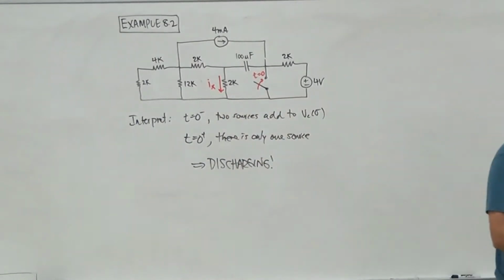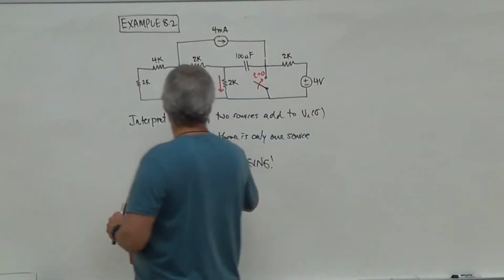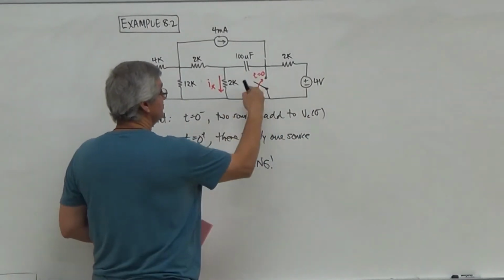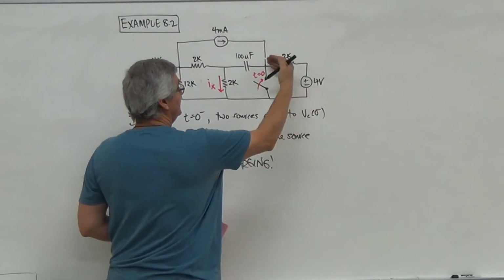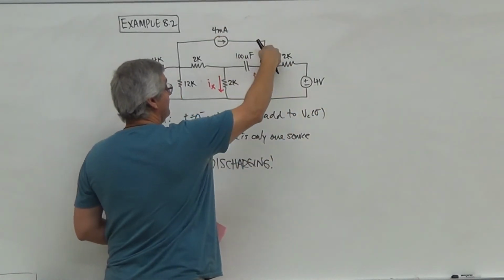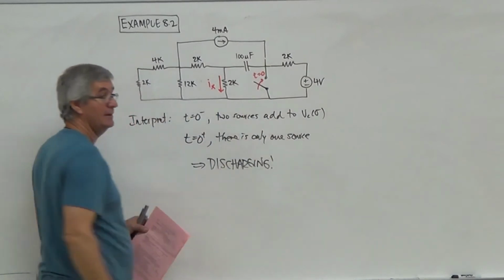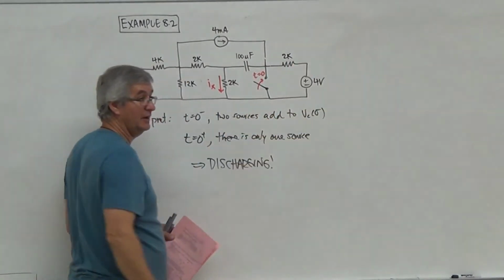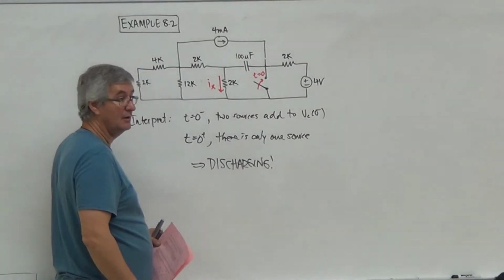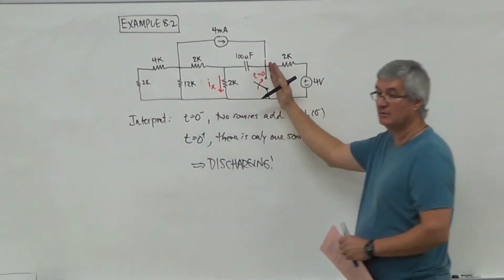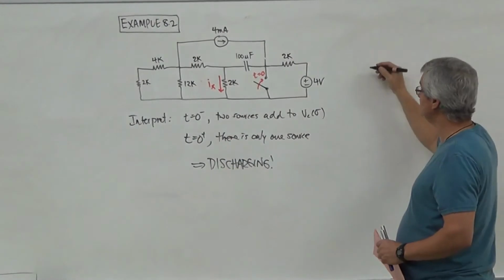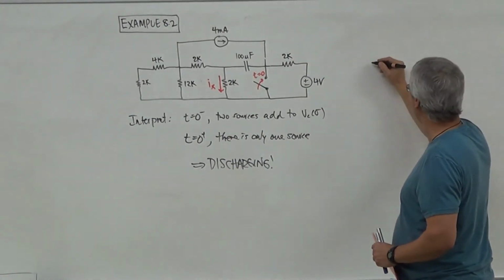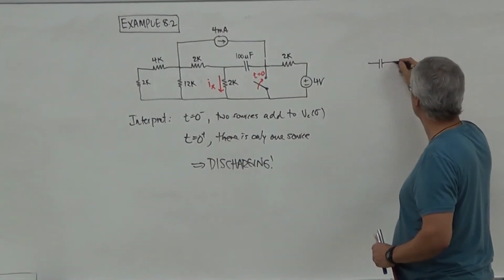Yes? Can you say how you know it's discharging? So at 0 minus, this is open, so I got the 4-volt feeding and the 4 milliamp source feeding that cap. But when I throw that switch, that 4-volt goes away, because I've shorted it out. Right? Because imagine this here. I can also draw this like this.